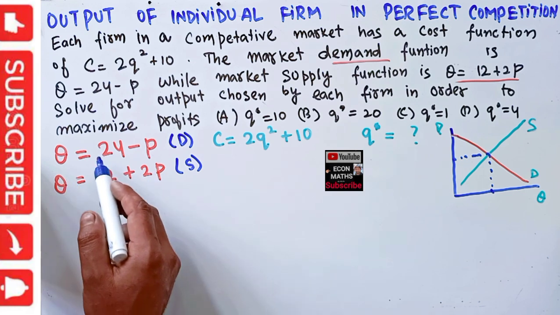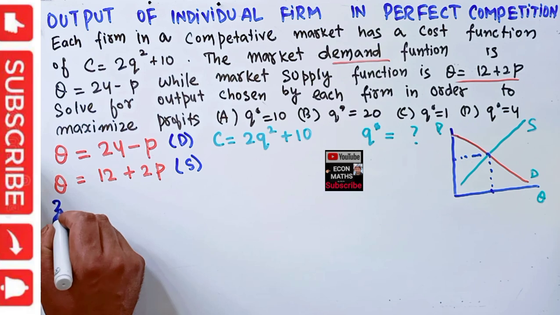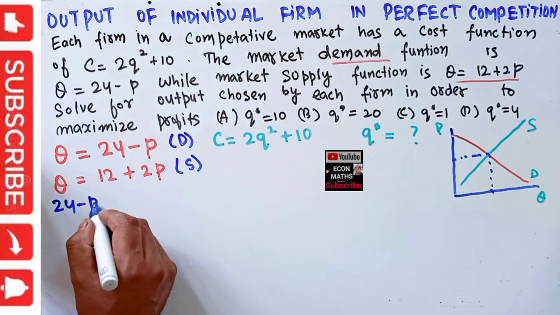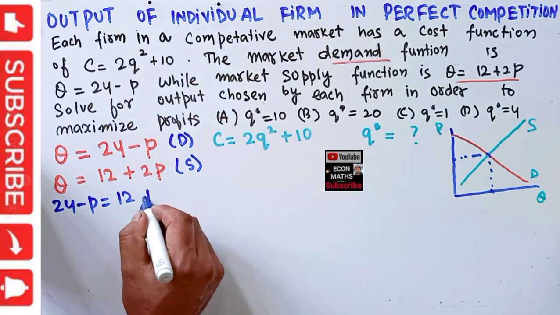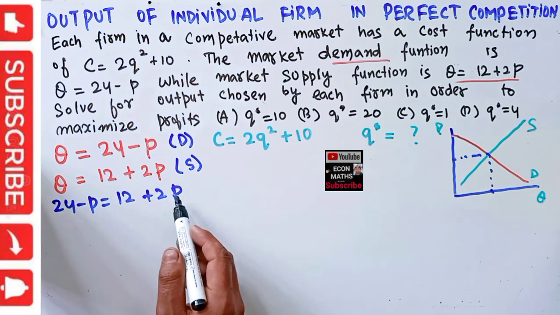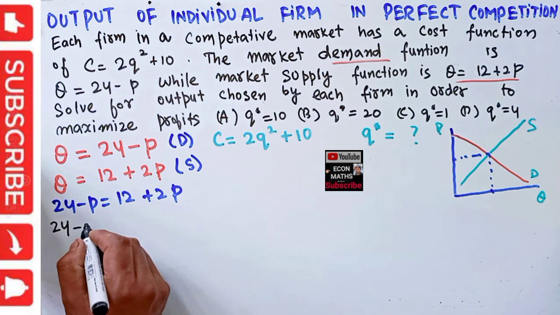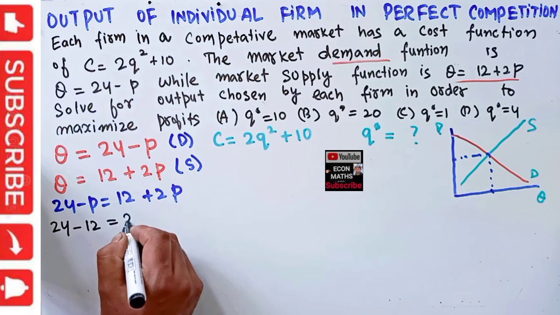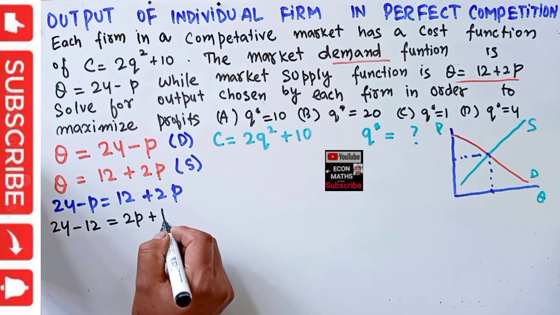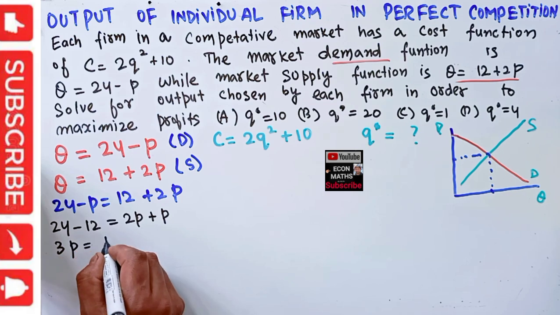So if I equate these two functions, 24 minus P is equal to 12 plus 2P. Transposing the P and the 12, it becomes 24 minus 12 is equal to 2P plus P. So this is 3P. 3P is equal to 12.